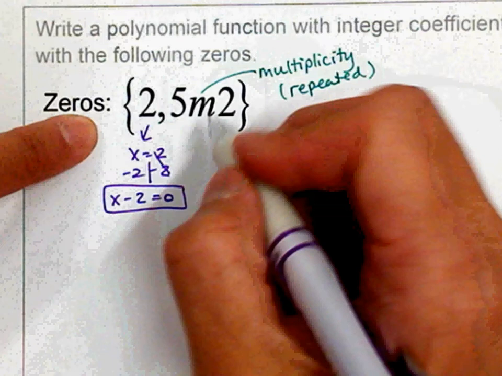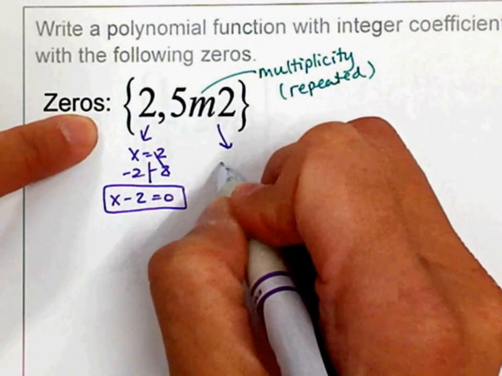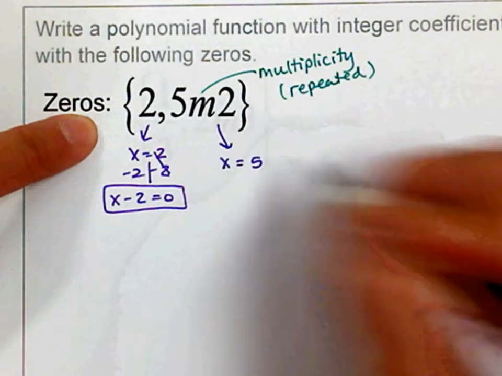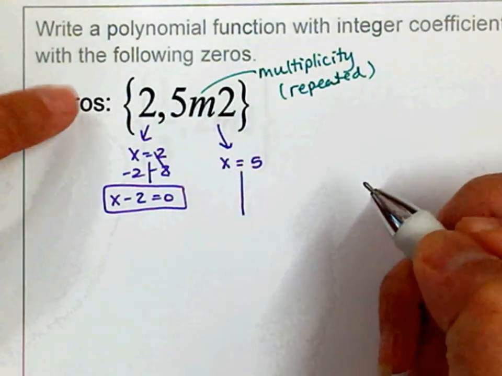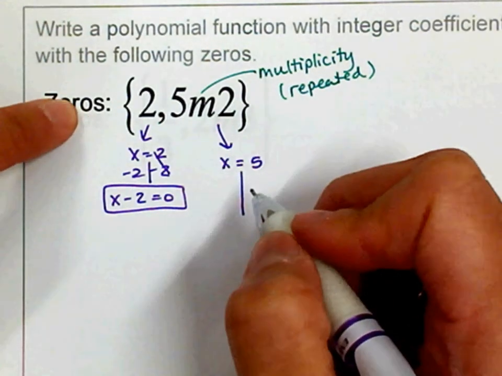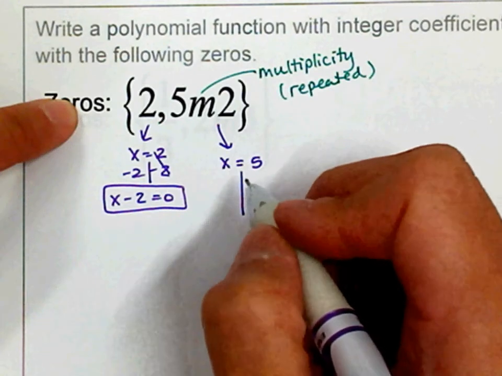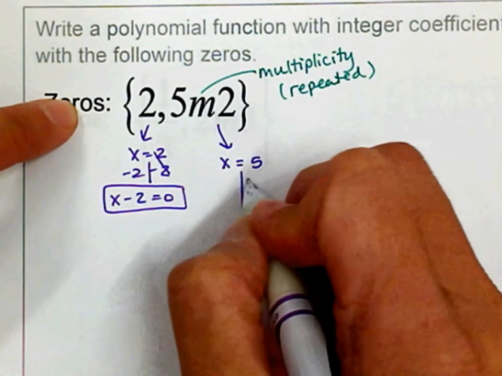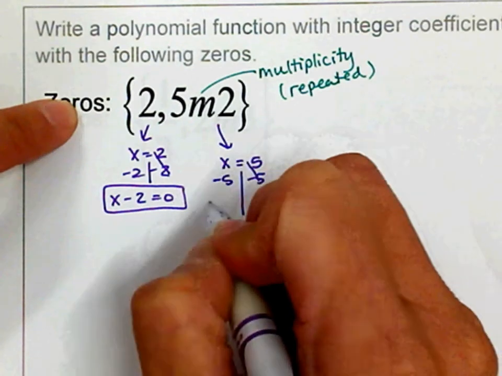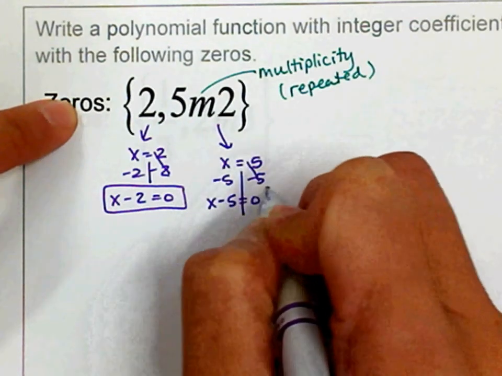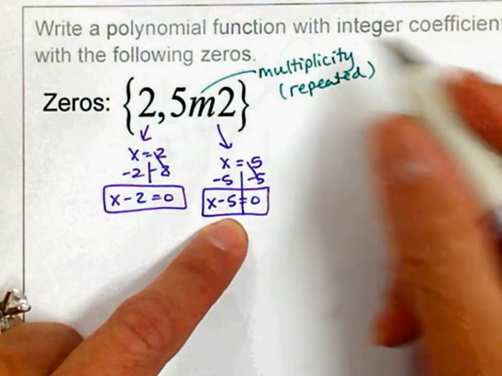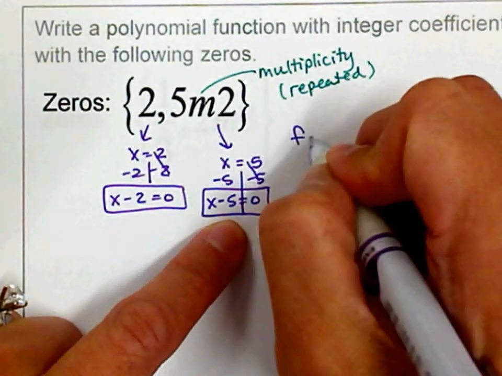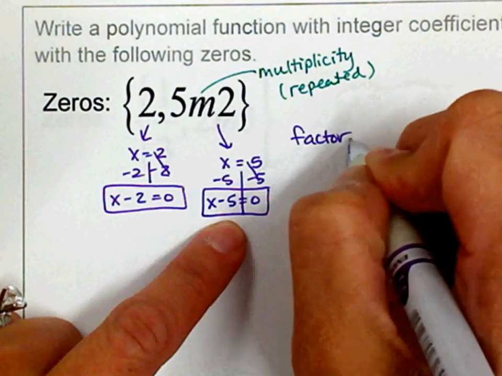Next one. x is equal to 5. How do I set that one equal to 0? Anybody? Minus 5, minus 5. So x minus 5 is equal to 0. But how many of these do I have? 2.